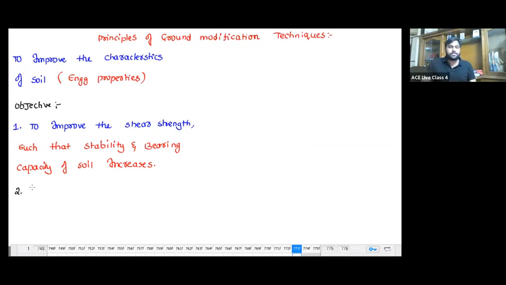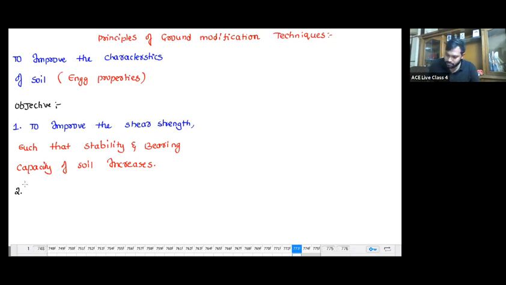So the objective is to improve the shear strength such that the stability and bearing capacity of soil increases.